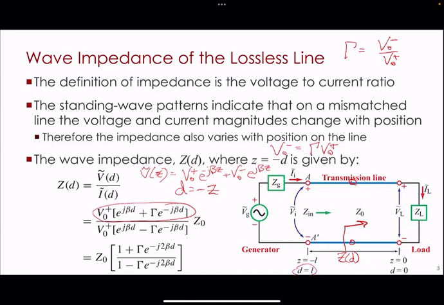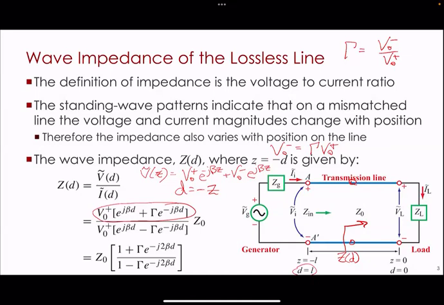And then we're pulling another e to the j beta d out front, so it goes to 2, minus 2. Then you could do the same thing on the bottom. That again would be 1, that would go to 2. And then outside here, you'd have an e to the j beta d over an e to the j beta d. They'd cancel out. And so this is the same as that. It's just written in a slightly different form.